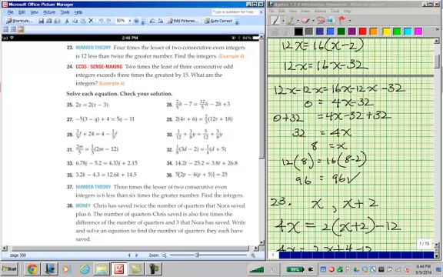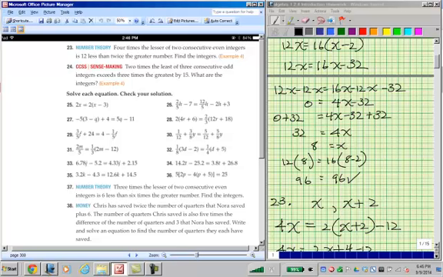So let's take this sentence. 4 times the lesser of two consecutive even integers is, that's 4x equals, okay, 12 less, so you're going to have a minus 12, twice the greater number. So 4x is 12 less than 2 times the greater number.